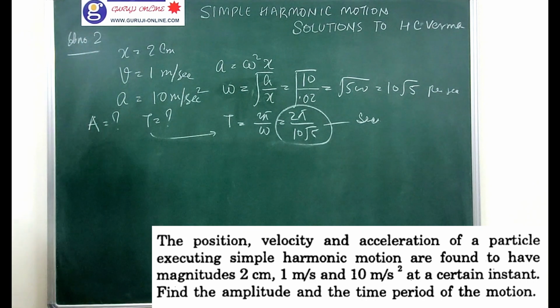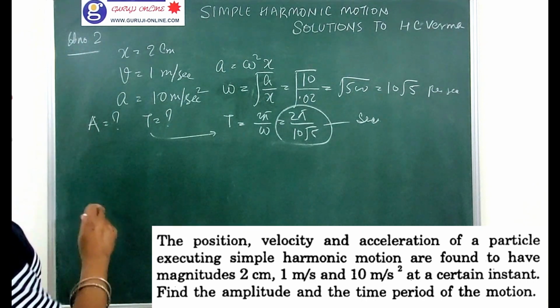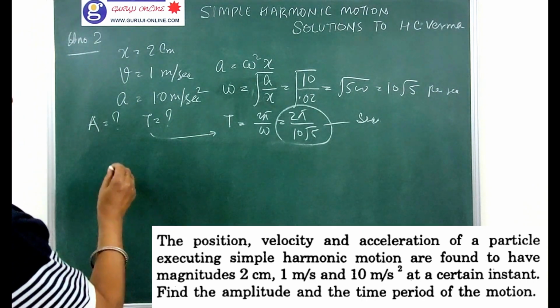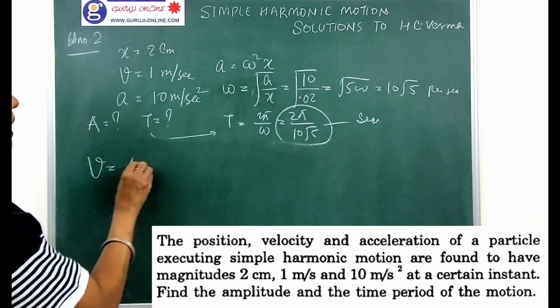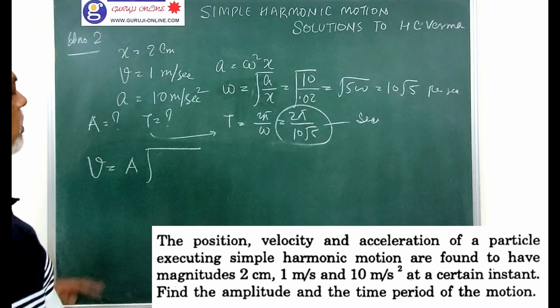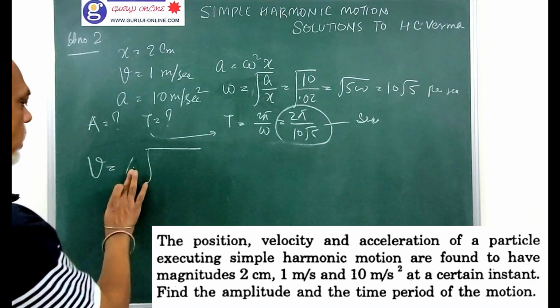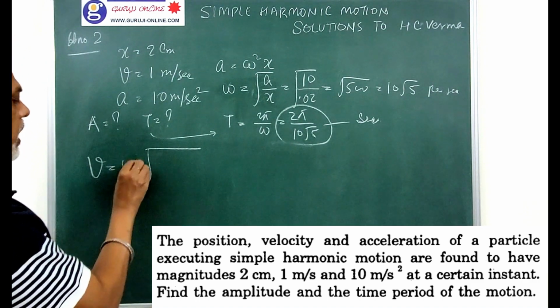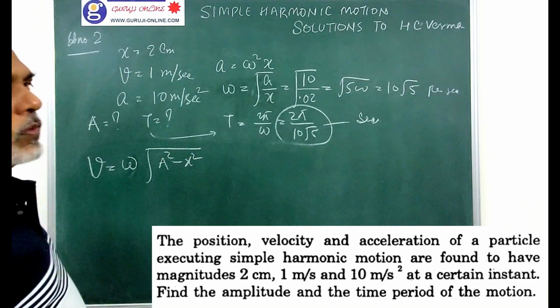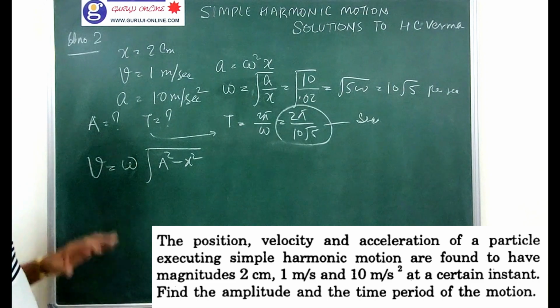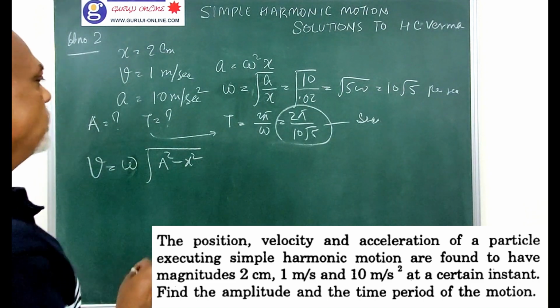Now what we have to find out? Amplitude. We know time period. So velocity, we know v is, oh, sorry, this is omega times root of A square minus x square. This formula we have seen in our previous lectures.